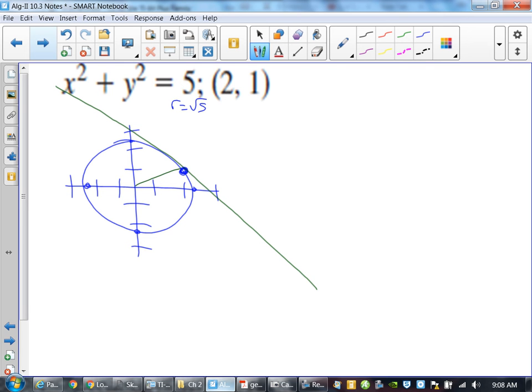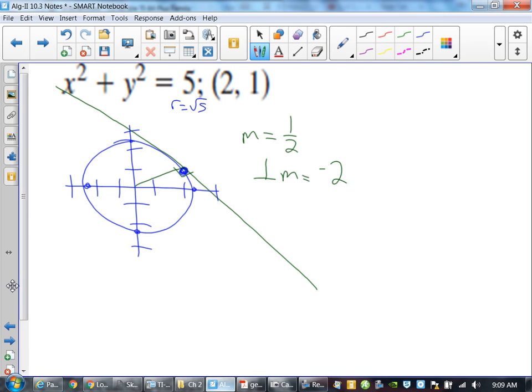There's my radius, perpendicular. So the slope of the radius is what? 1/2, very good. The slope is the change in y, 1, over the change in x, 2. Which means my perpendicular slope is -2, very good.